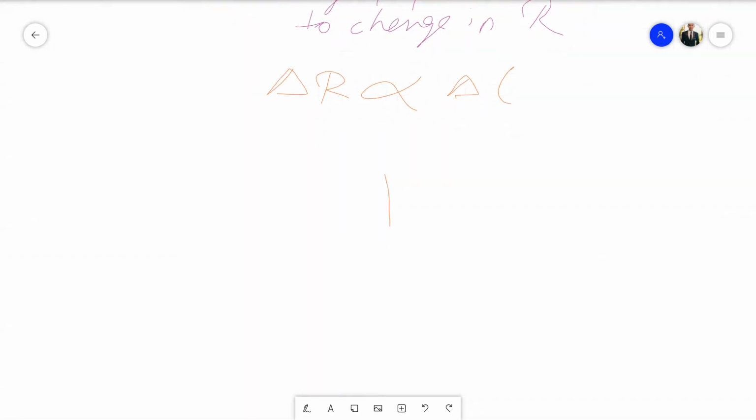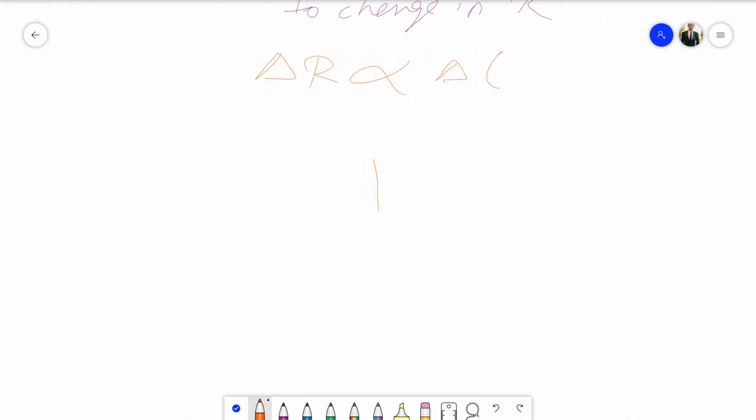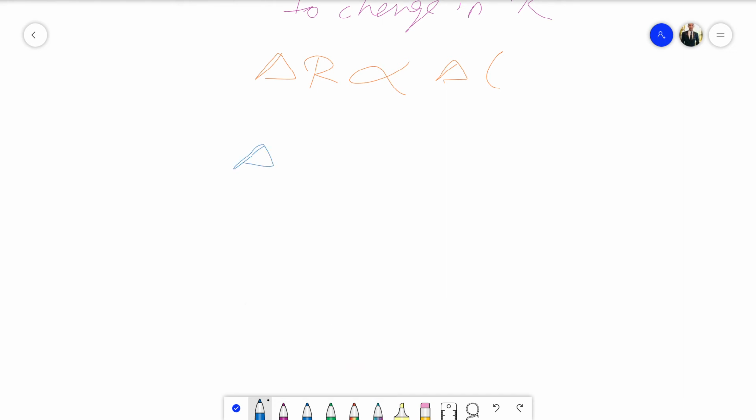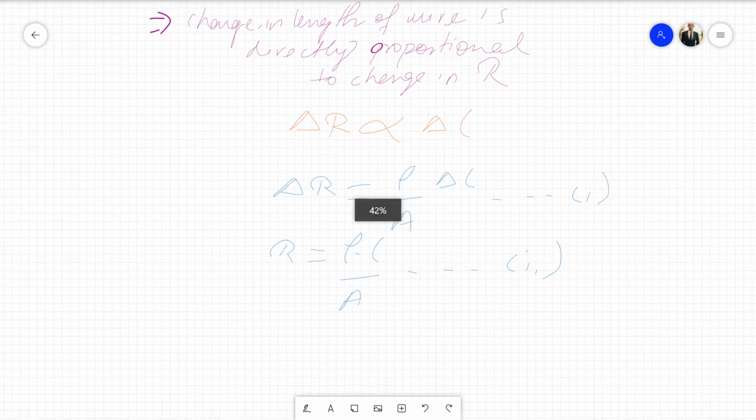Another thing is one simple calculation. We know that the change in resistance equals delta rho times L over A. Let's say equation 1. And another one, we know R equals rho L over A. Let's say equation 2.